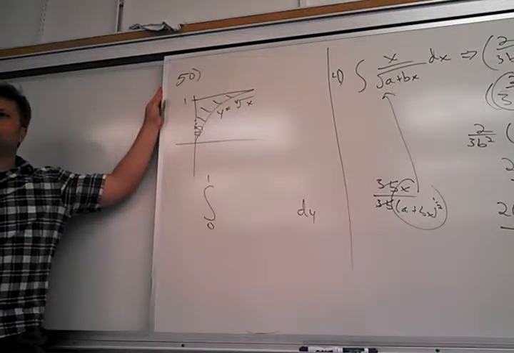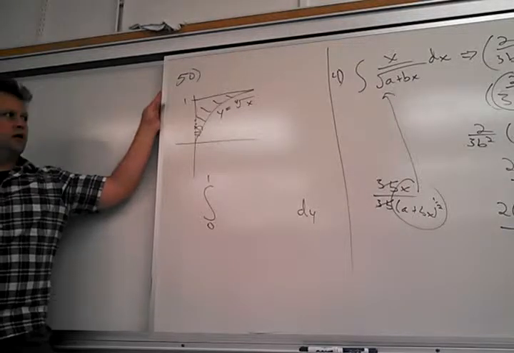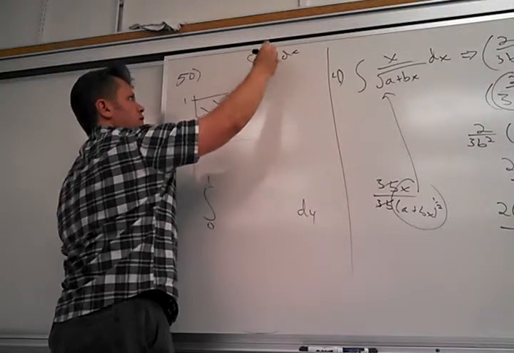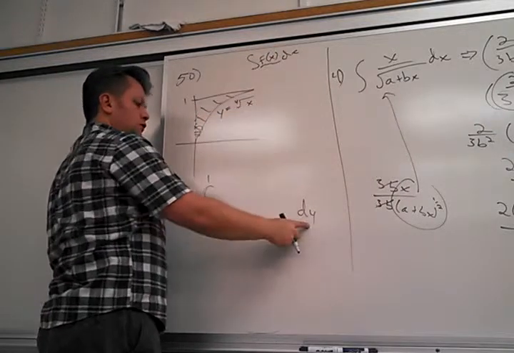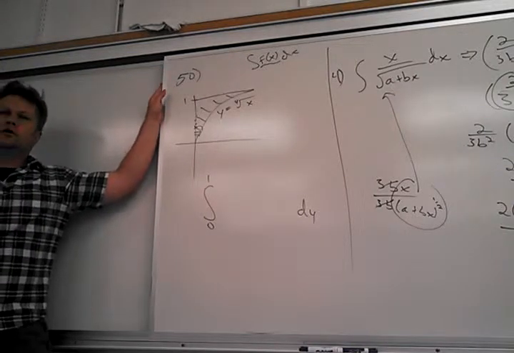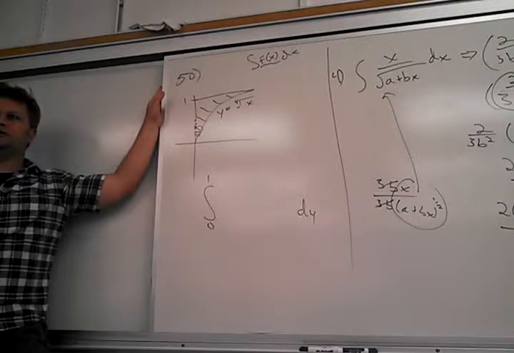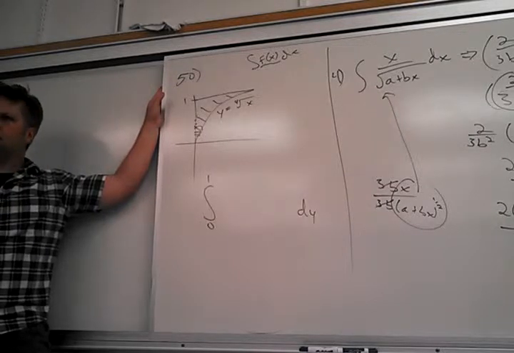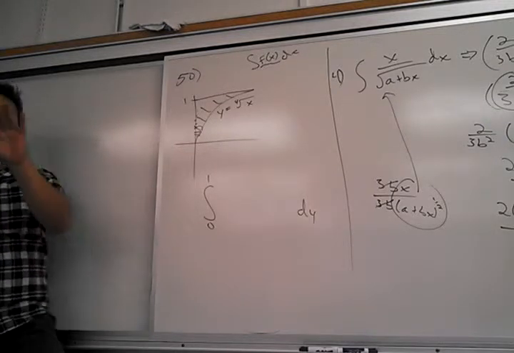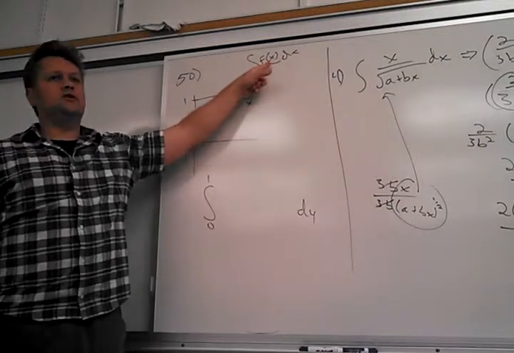Now what's the function that I'm actually integrating? Here's where you've got to be careful. If it's integral dx, this function has to be a function of x. So if it's integral dy, now I've got to be careful. This is not true in general, because with double or triple integration, you can do this in steps, and sometimes it's a function of x and y and z. But for us right now, with what we know, if it's dx, that's got to be a function of x.